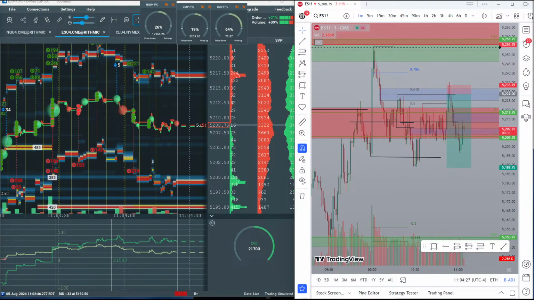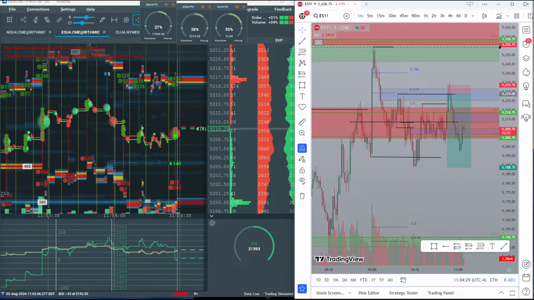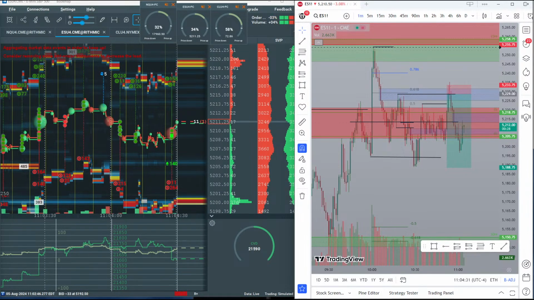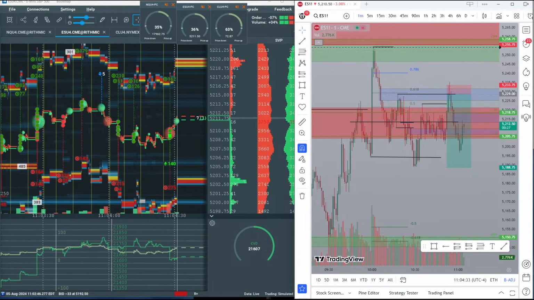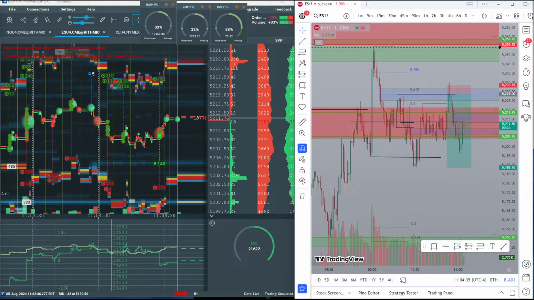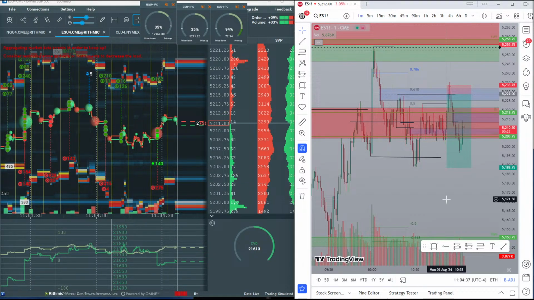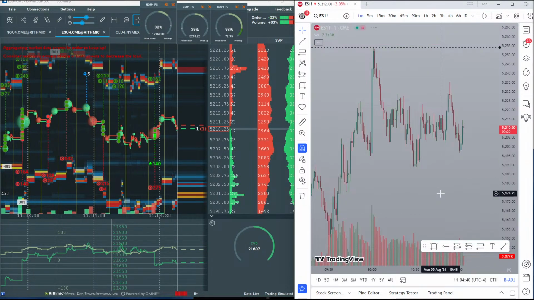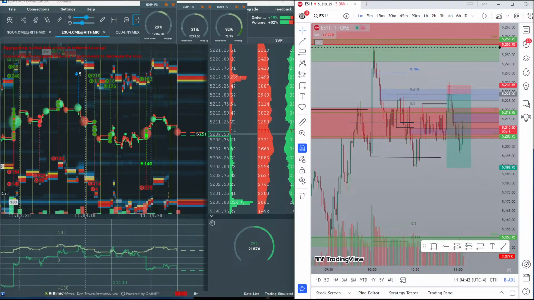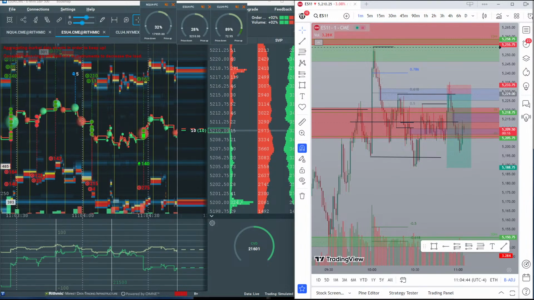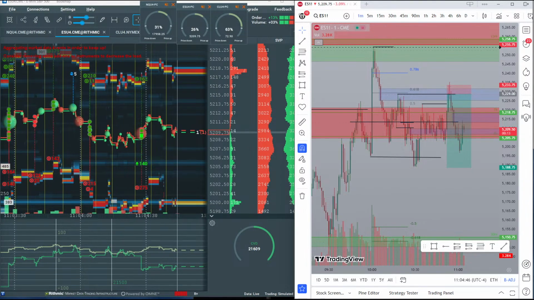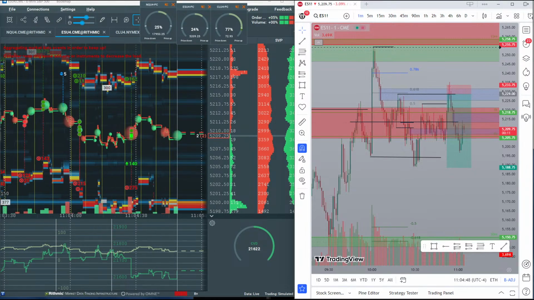I'm going like crazy light size, guys. And Q also hitting that fair value gap. Give me one more pop, one more fill. I'll get in some shorts.